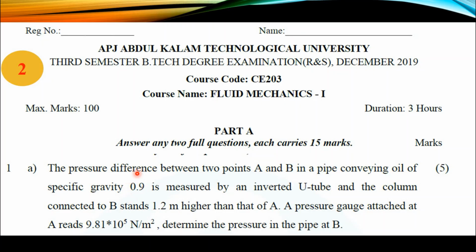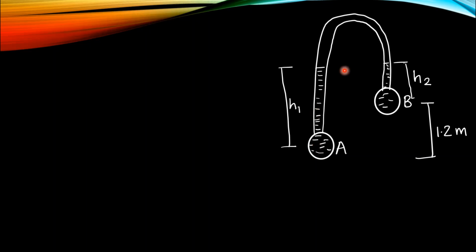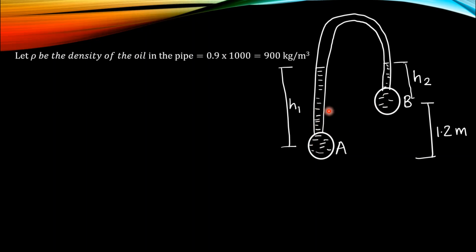So 0.9 was the specific gravity of the oil in both pipes. So we have the density of the oil. Since specific gravity is 0.9, density is specific gravity times density of water. So 0.9 into 1000 will give 900 kilogram per meter cube. That is the density of oil flowing through A and B.